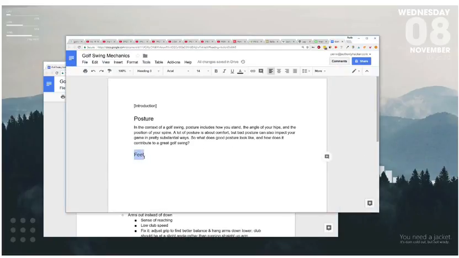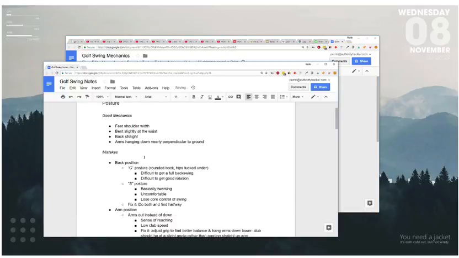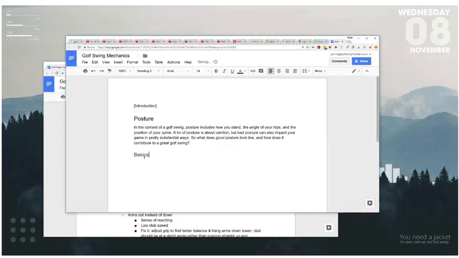So let's see. I think instead of going one by one through these, I'm just going to do basics of a good golf posture.